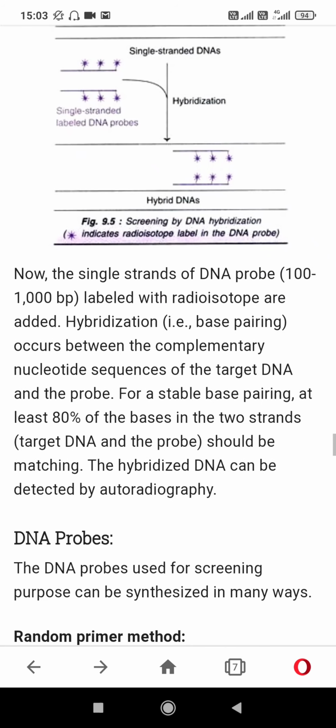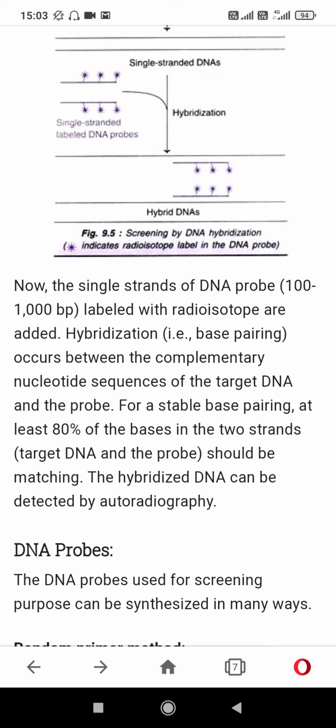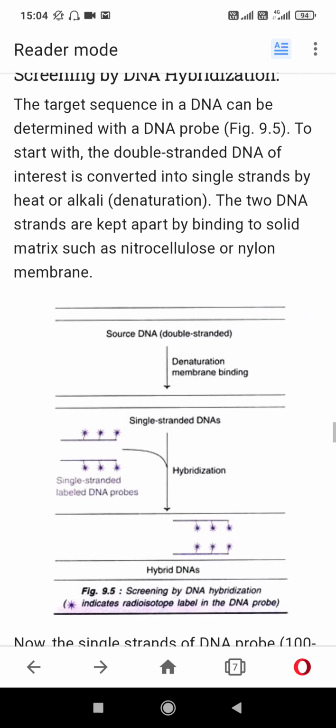Now the single-stranded DNA probe, which may be about 100 to 1000 base pairs long, is labeled with isotopes. That means single-stranded DNA probes of 100 to 1000 base pairs, labeled with radioisotopes, are added so that they can complementary base pair with the DNA strands we are looking for.